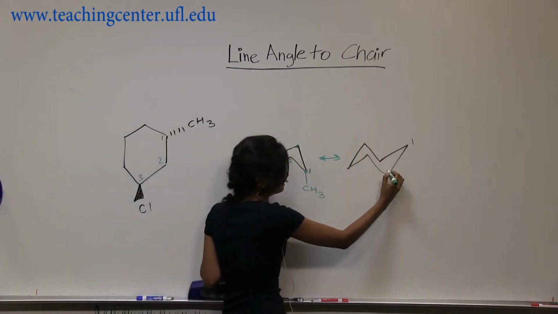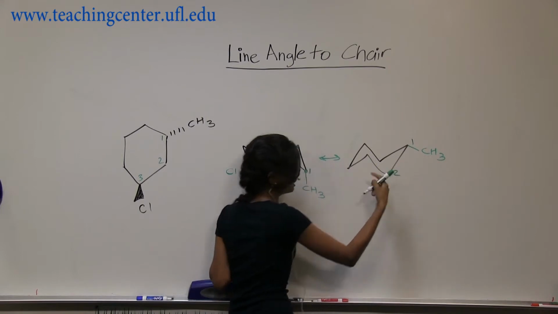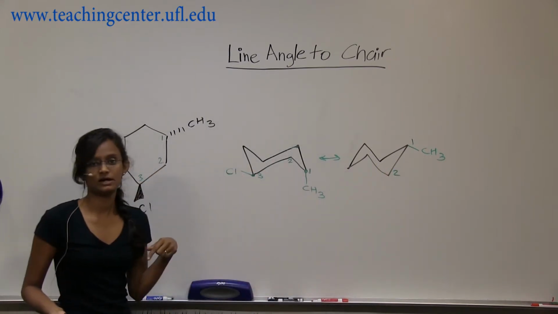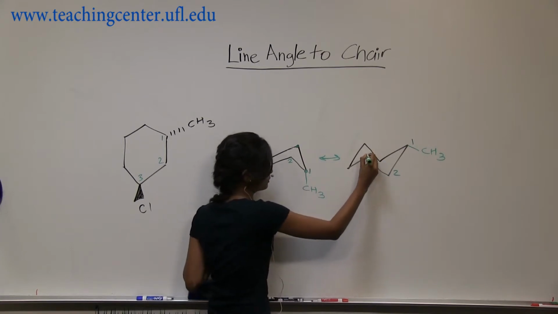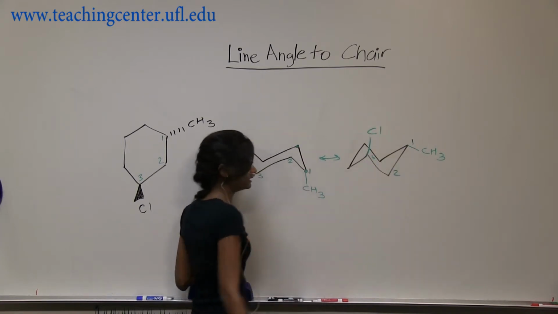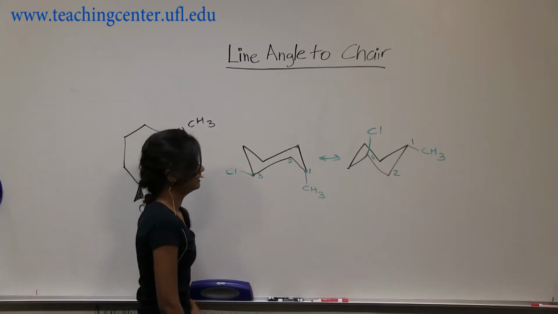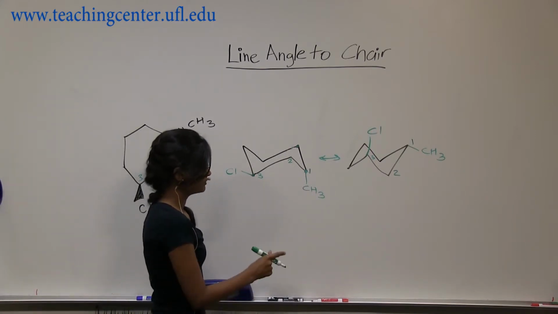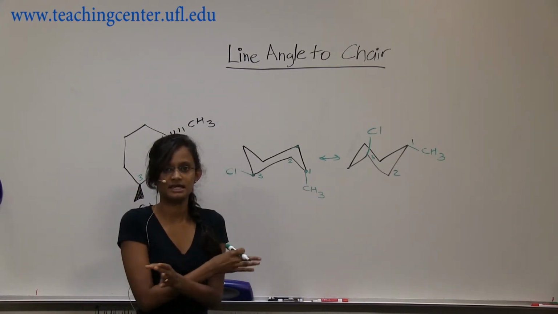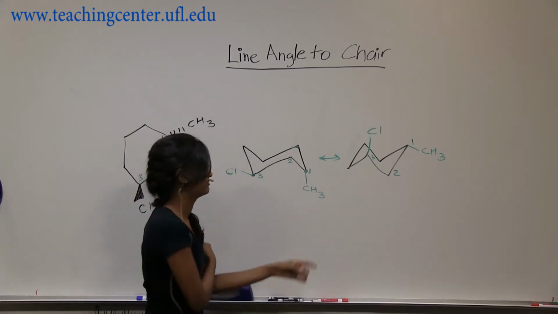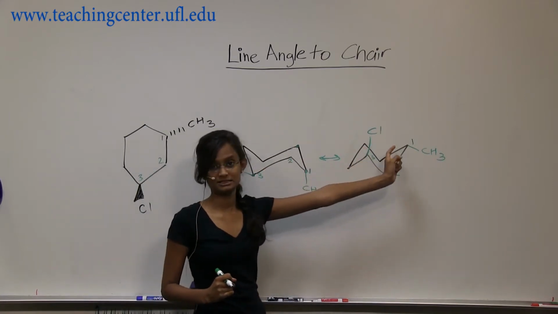Carbon 1 is on the top now, so methyl will be equatorial because that's the down position. And this is 3. Chlorine will be axial because that is the up position. So for conformers, the substituents keep the exact same positions. If it's axial, it becomes equatorial. If it's equatorial, it becomes axial.